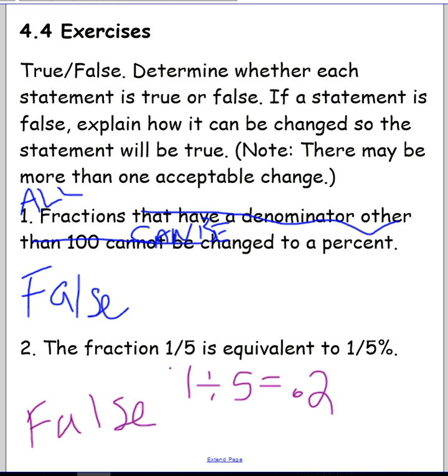It won't show us the 0, but we need to add it in when moving our decimal 2 spaces to the right. So 1/5 is equivalent to 20%. Then that's true.